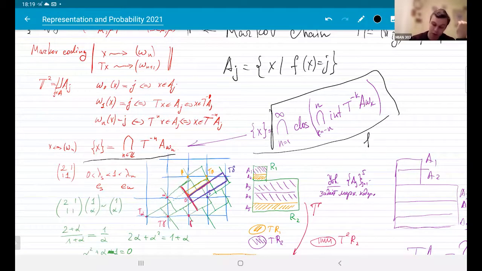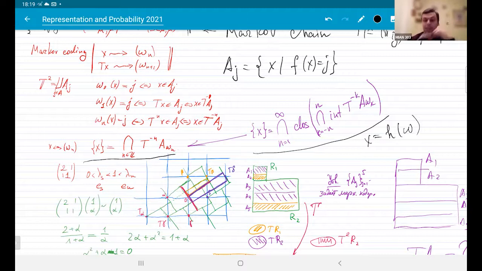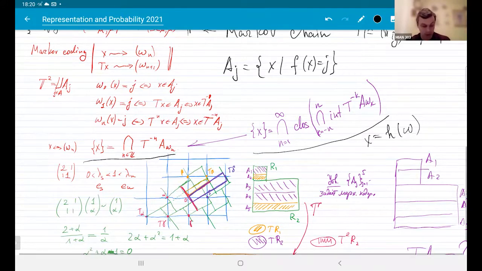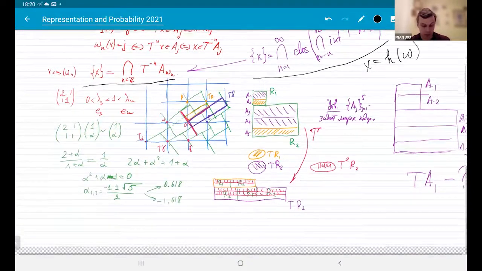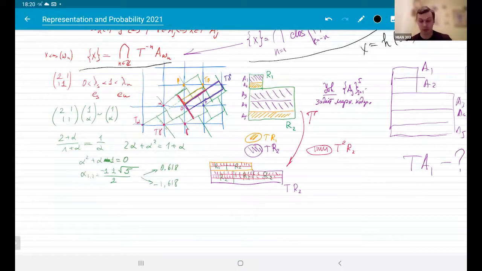So x is h of omega. This is the idea of this construction. Okay, so I have to construct AJs such that this intersection contains only one point. And we started to do this last time.